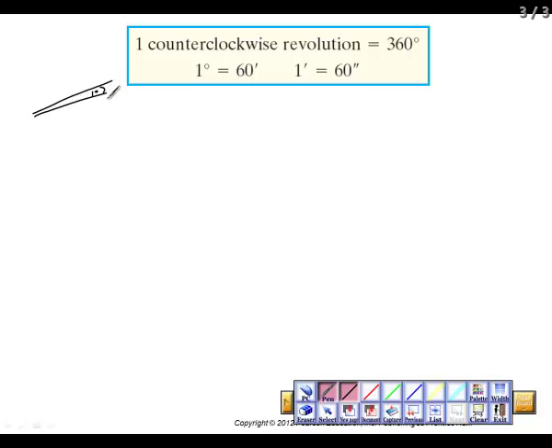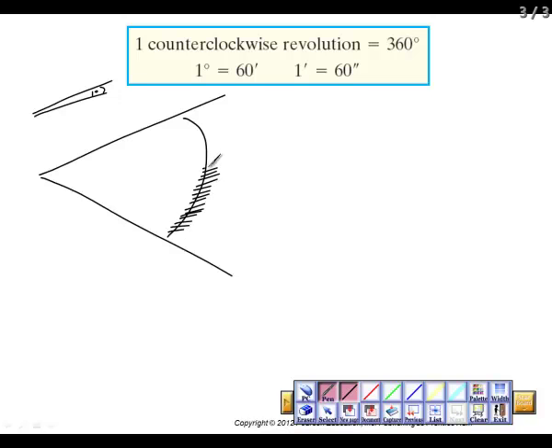Now if we took that and blew it up, you would see here, I didn't draw 60 minutes, but you could see that 1 degree would have 60 minutes, and each one of these hash marks would be a minute.